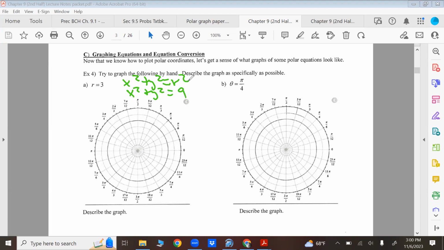Given a polar equation r equals 3, you have to describe the graph. It's a circle centered at the pole with radius equal to 3.